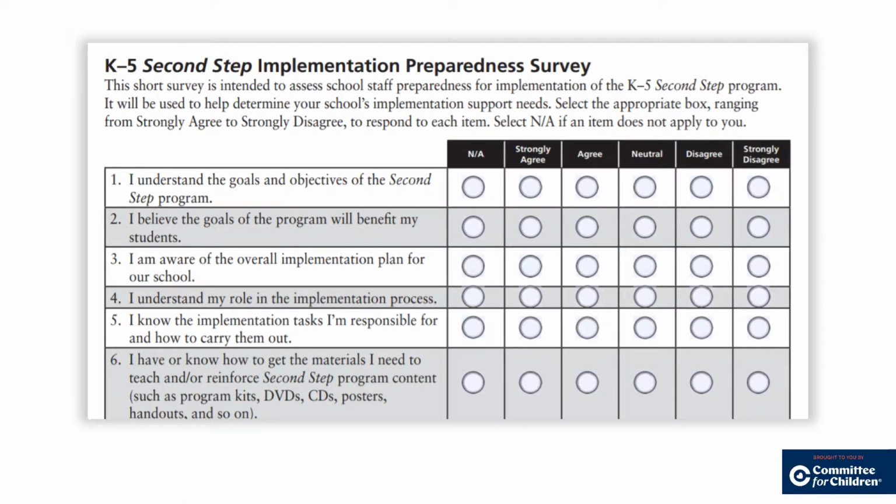Again, this is a tool that you would use after you've done an orientation session or some training around the program, and it gives your staff an opportunity to let you know if they understand the goals and objectives of the program, if they believe that these goals will benefit their students, and whether they have the resources they need to carry out their part of the implementation. So this is a great tool to get a snapshot of where your staff are with regard to their interest in and support for this program.